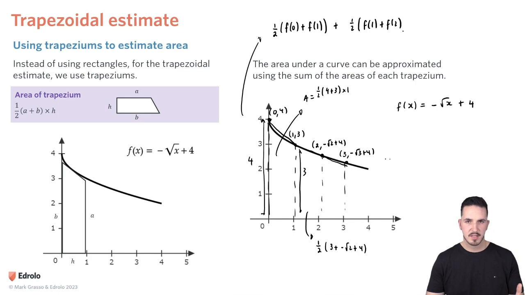Again, times 1; I won't write it because we're assuming a width of 1. If it was a width of 2 or 3 or something other than 1, you would just multiply by that value. Then we'd have a half of f of 2 plus f of 3, and you can see it keeps on going.